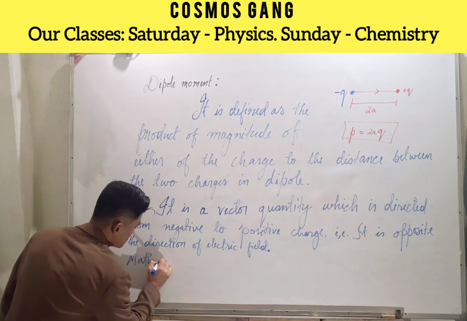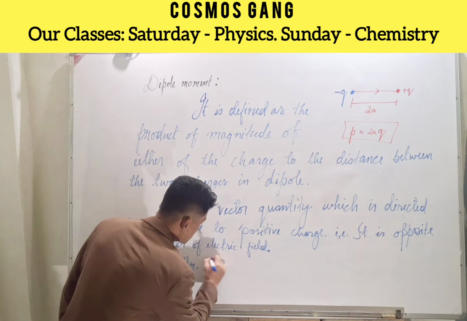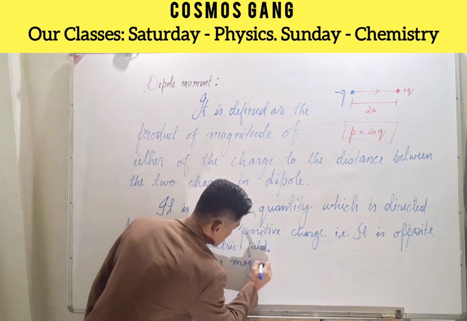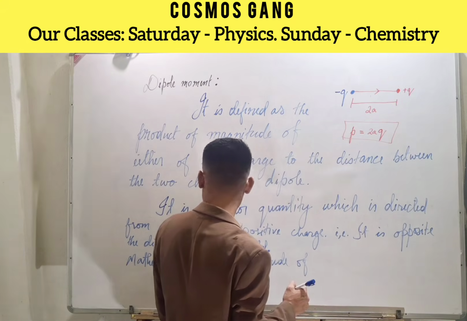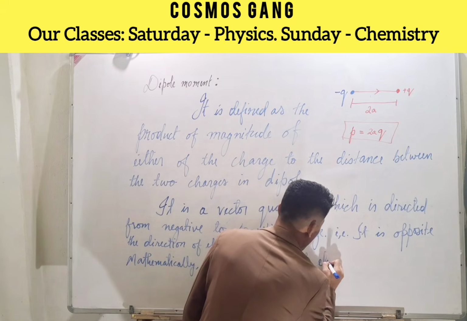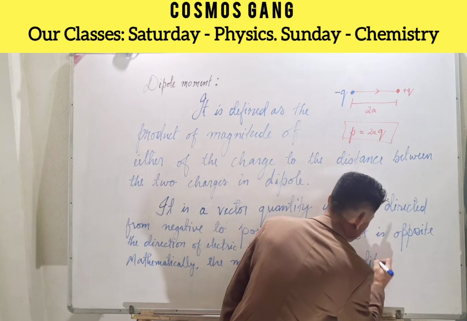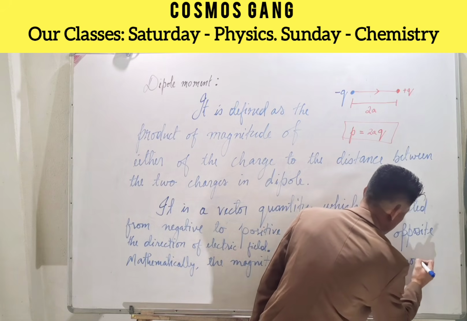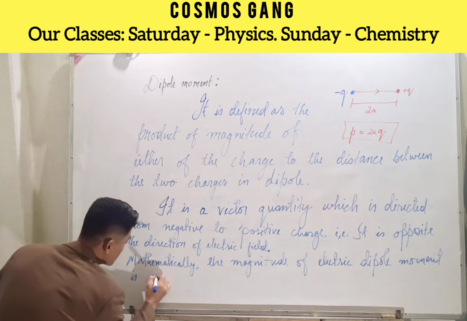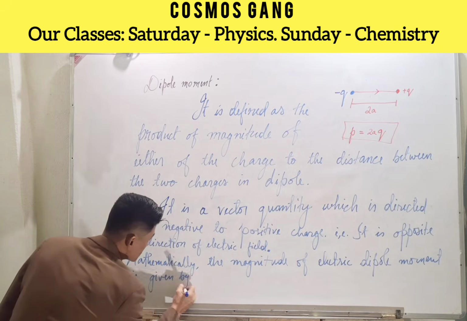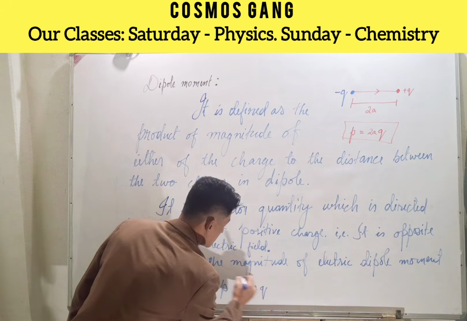Mathematically, the magnitude of electric dipole moment is given by P equals 2AQ.